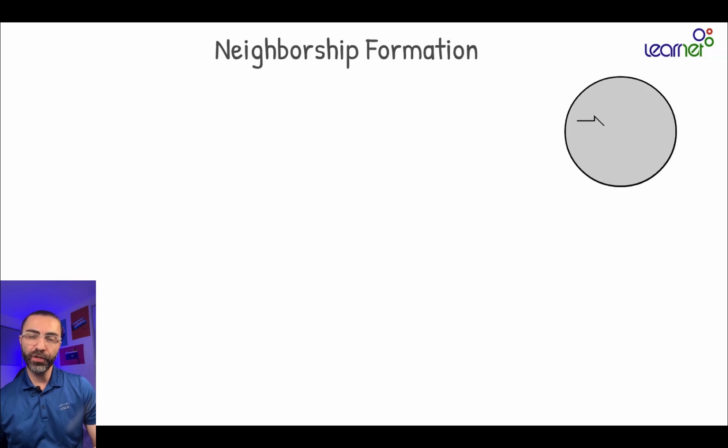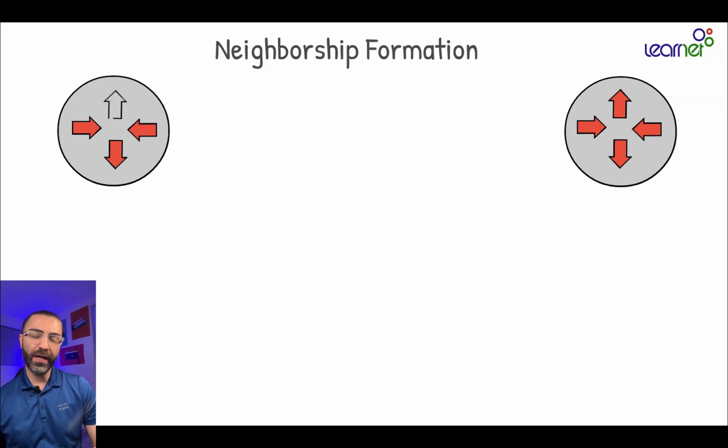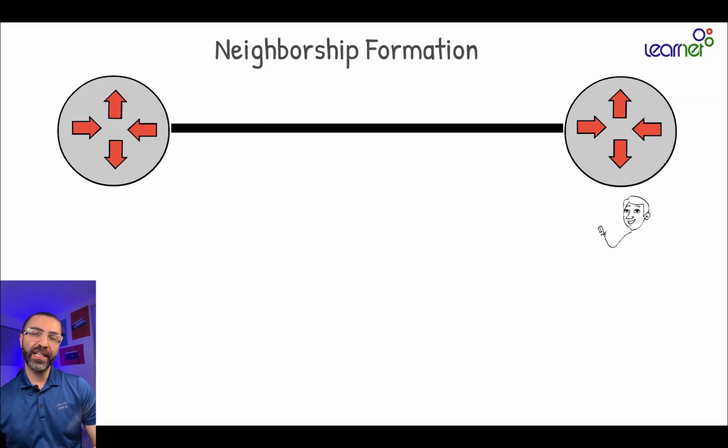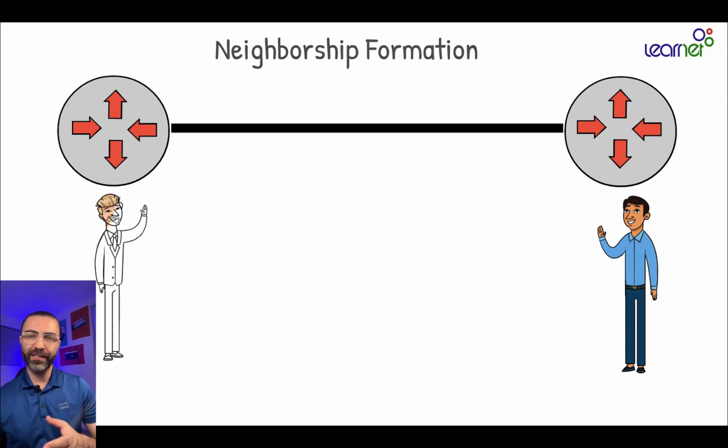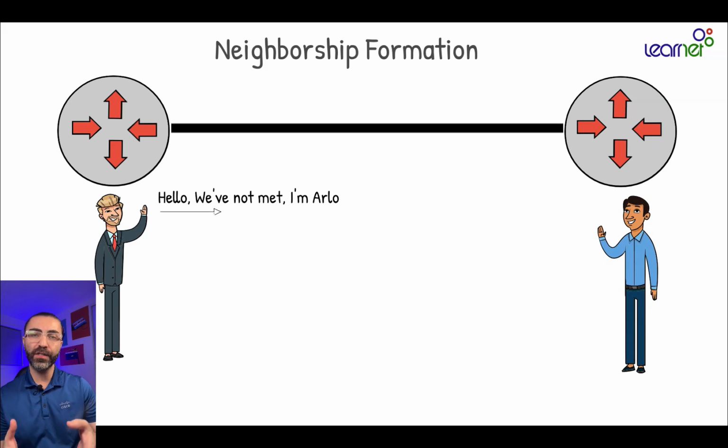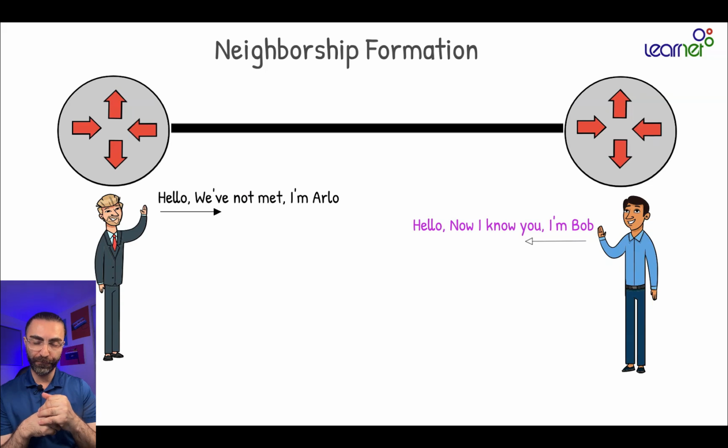First, neighborship formation. When you configure OSPF on a router, it starts to send messages called hello messages. It's exactly just like a hello, because it wants to start a conversation with other OSPF neighboring routers. If a router receives this hello message, it says, okay, hello, I'm here too, I want to talk to you with OSPF.